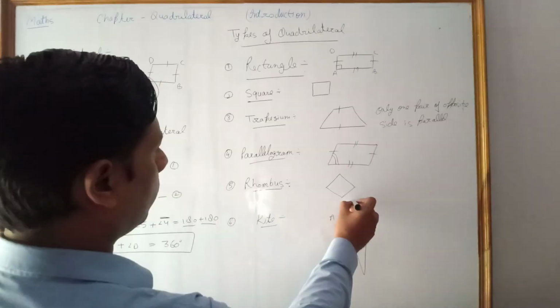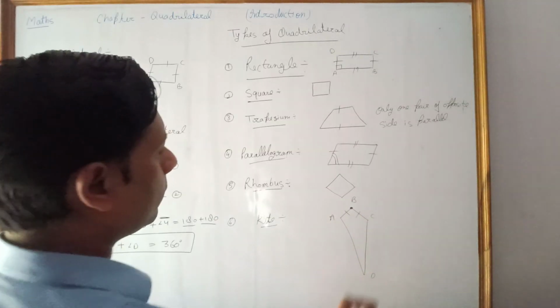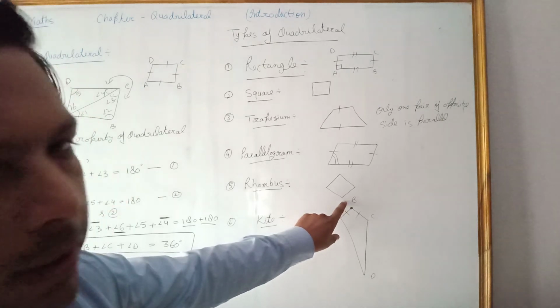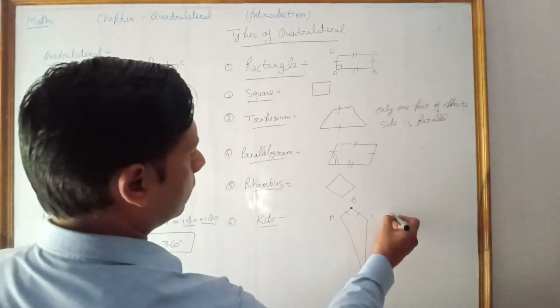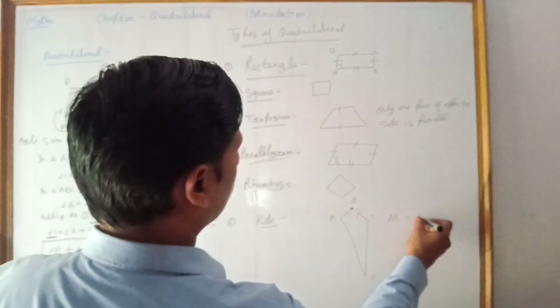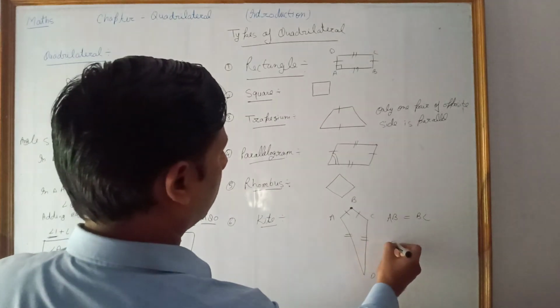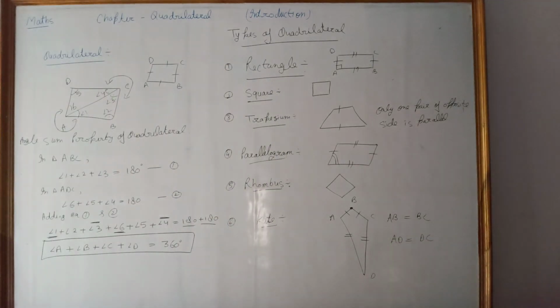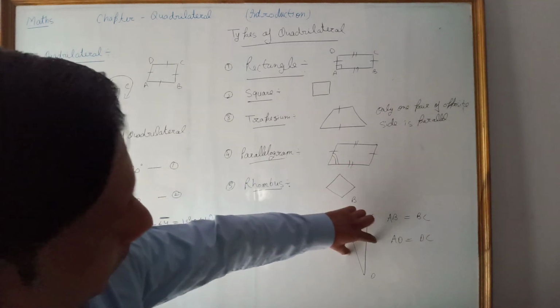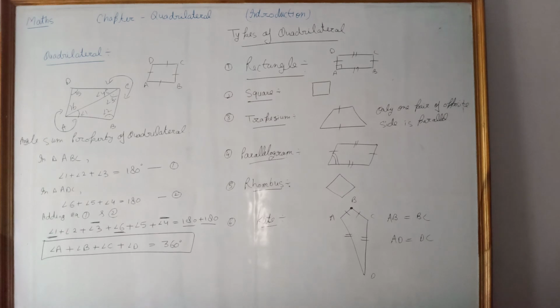In A, B, C and D, vertex B is common. And AB is equal to BC and AD is equal to DC. So it has one pair and another pair, two pairs of adjacent sides equal to each other.